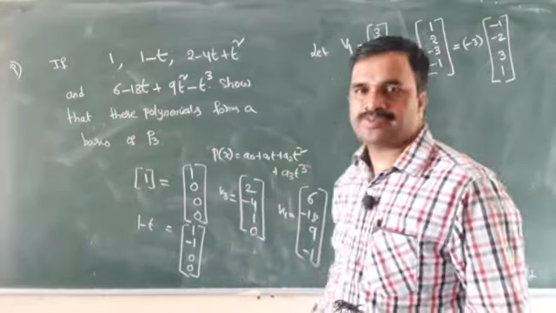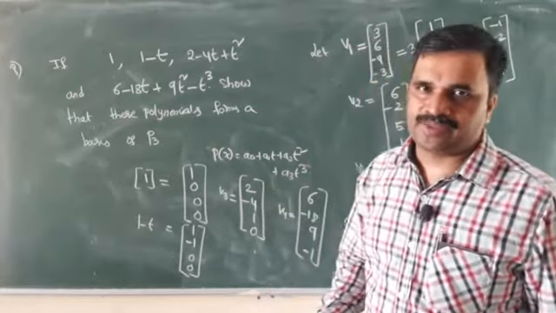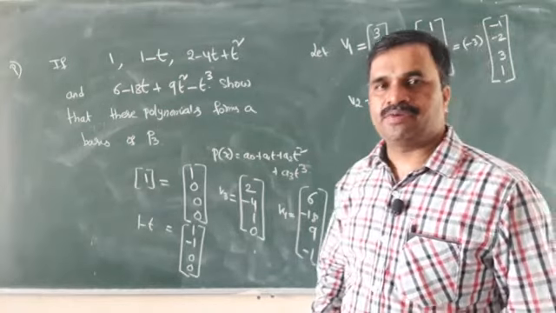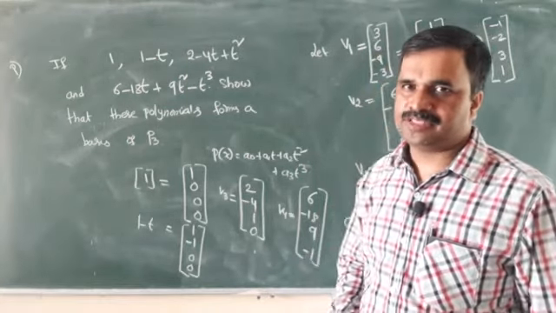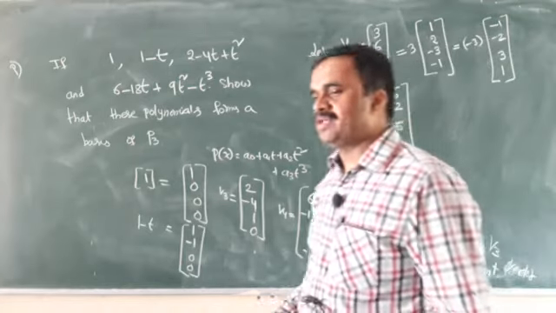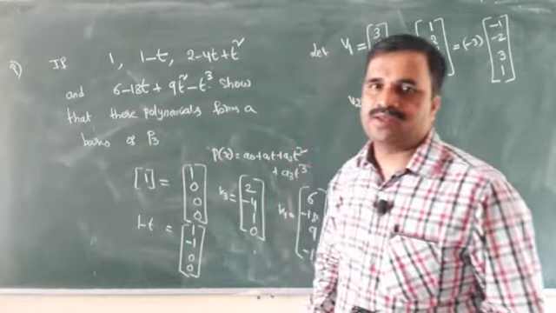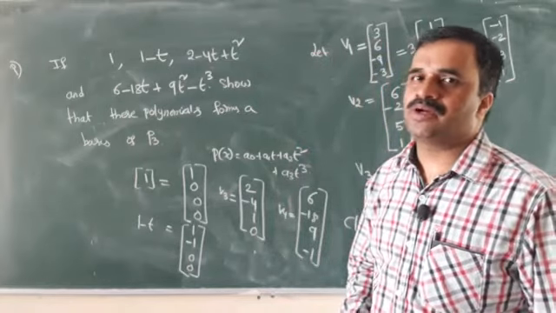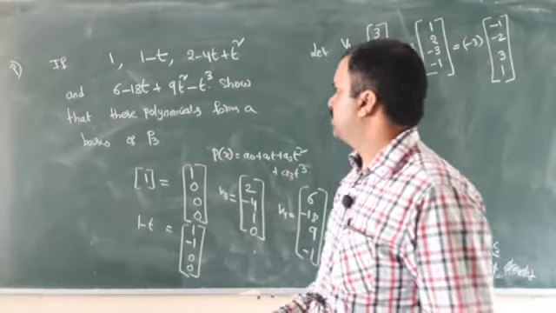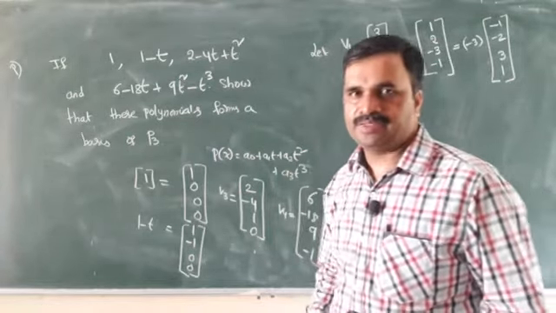Now we write the linear combination C1 V1 plus C2 V2 plus C3 V3 plus C4 V4 equal to 0 vector, and find C1, C2, C3, C4. If all the values are equal to 0, we call it linearly independent. Next we have to verify the linear span. If these two conditions are satisfied, then you can say it forms a basis.